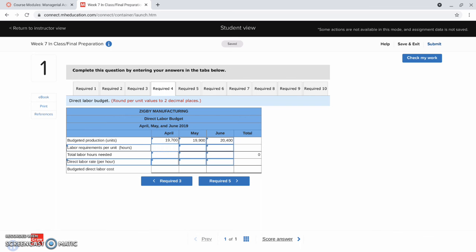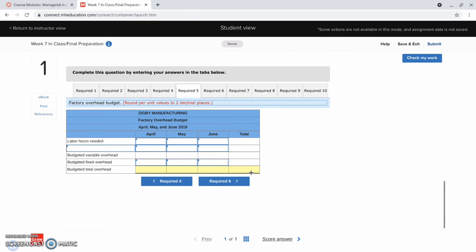Labor requirements per unit, 0.5, 0.5, 0.5. Total labor hours needed, 98.50, 99.50, and 10,200. Direct labor per hour is $15 an hour. So now we have our direct labor budget.